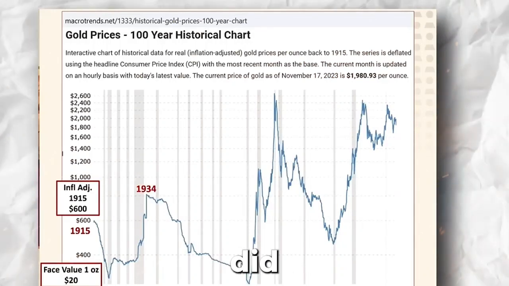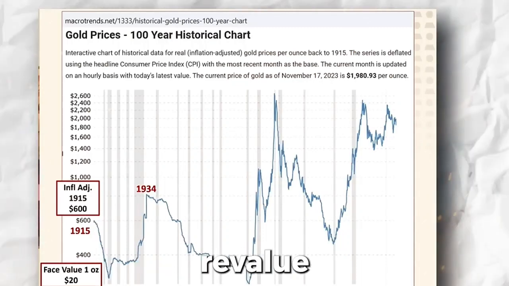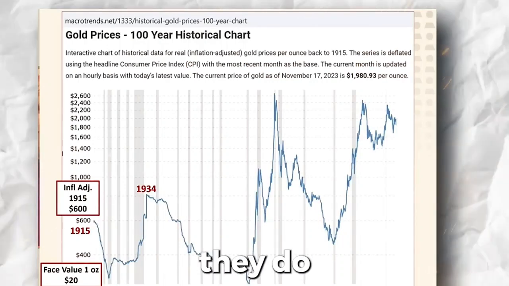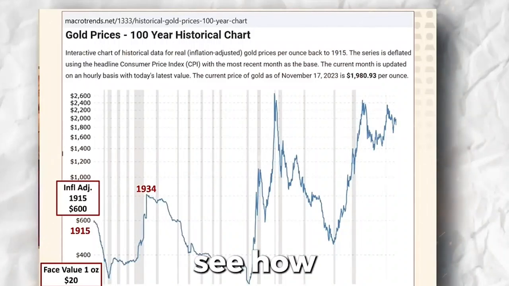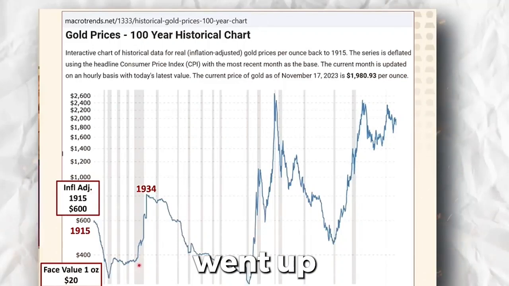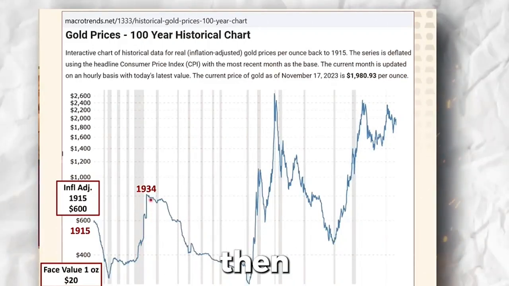1934, okay, they did that revaluation where they revalued this against that. That's always the way they do the revalue, those overnight revaluations. And you can see how rapidly spot gold went up. Here, that was the first revaluation. Then here, then there.